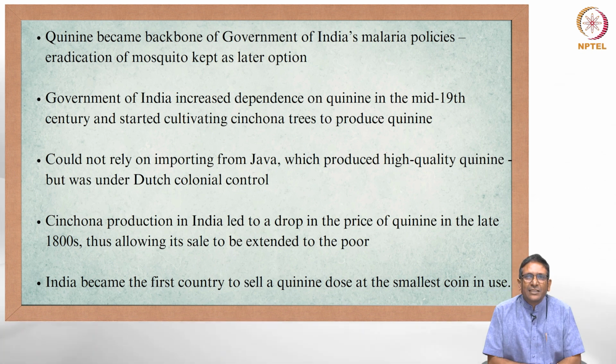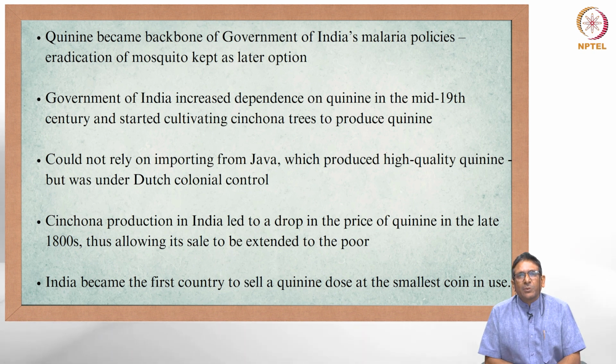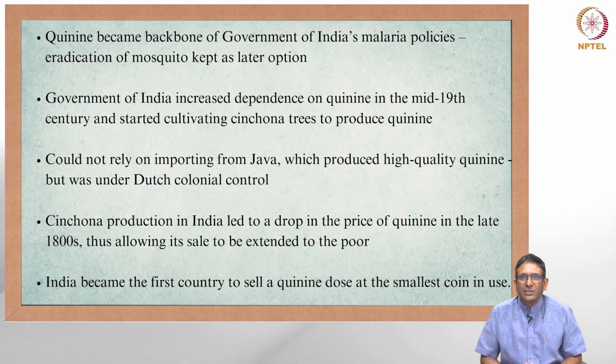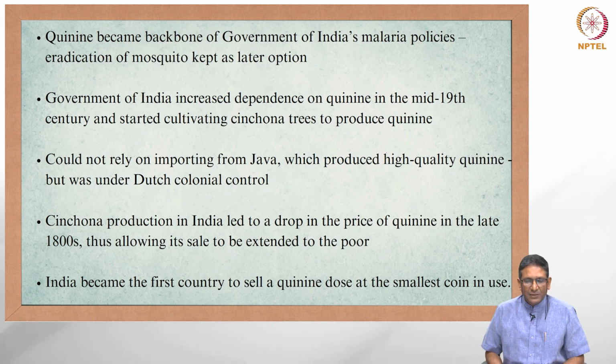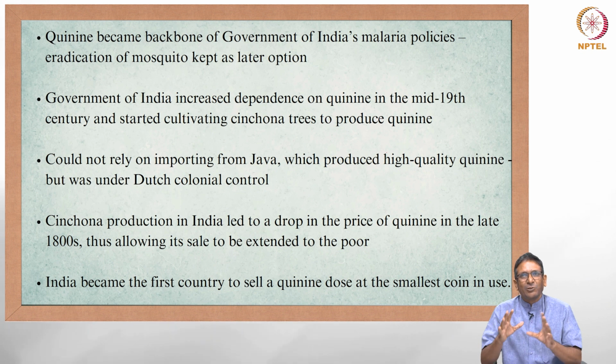Otherwise, cinchona by and large had to be imported from Java, which was controlled by the Dutch, and also the quality of that quinine was comparatively higher, better. And in any case, that option could never be closed.